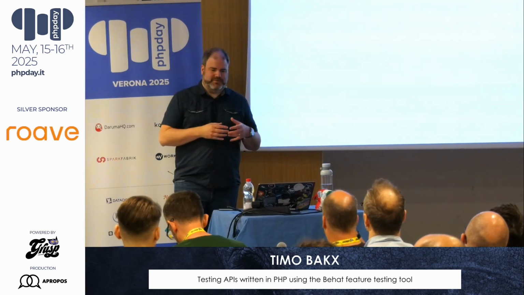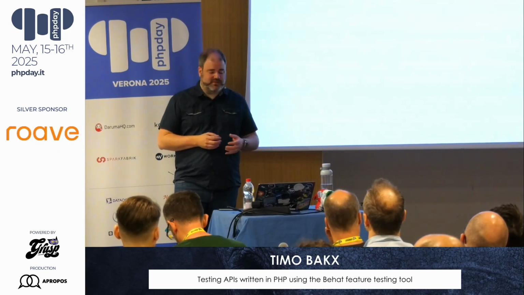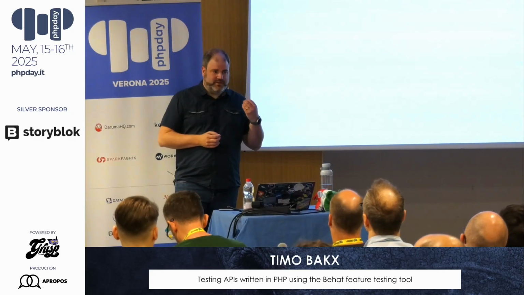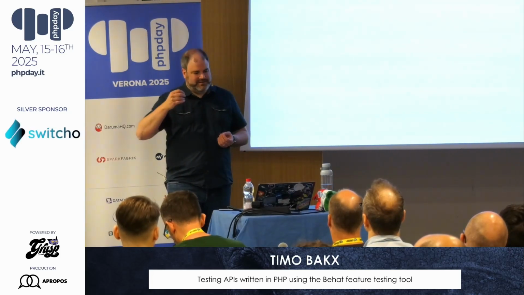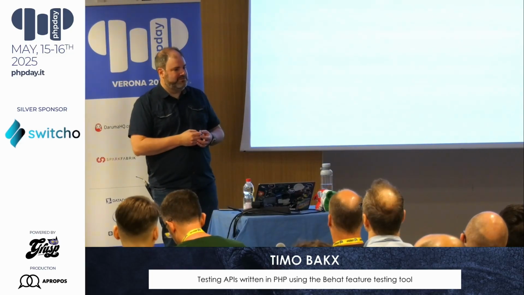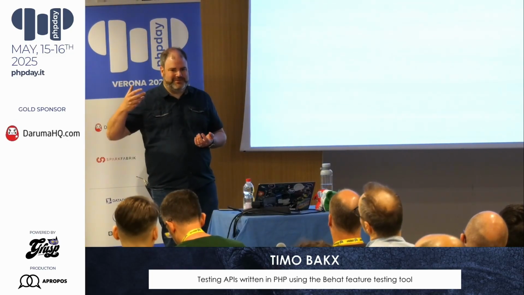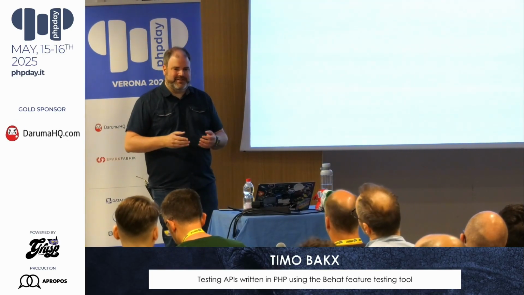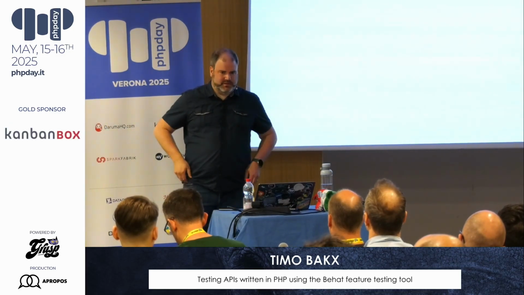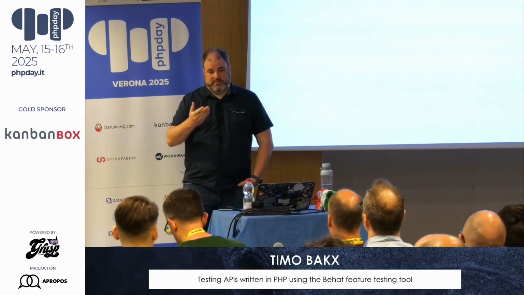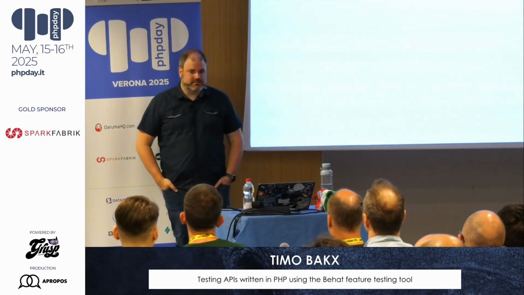So we had issues where we used a message queue, and we could test if the endpoint was working. We could test if the result was good, but we couldn't test if the actual message was being run and handled. If you want to test that, you have to use other stuff, for example, PHPUnit.